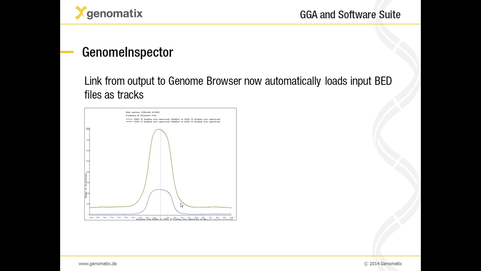Okay, the next is an addition in the Genome Inspector. Genome Inspector is our tool for generating correlation graphs for bed files which might contain genomic regions, for example, regions representing peaks from a ChIP-seq experiment where a transcription factor binds.